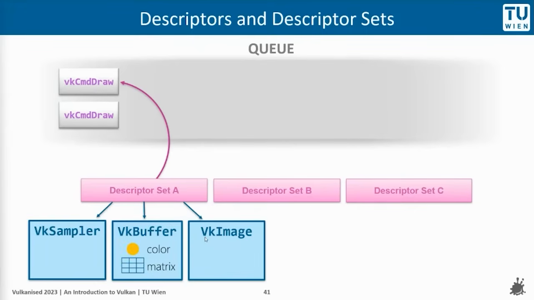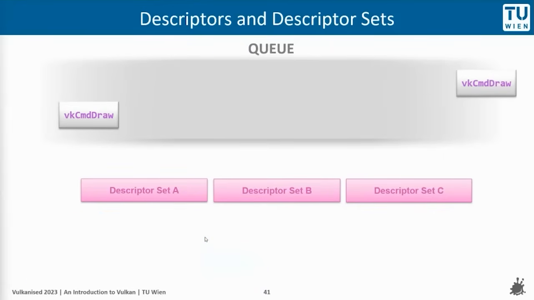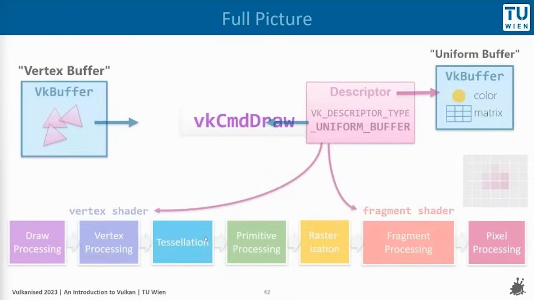In this case, let's assume this is the one we saw containing the sampler, the buffer, and the image. It provides those descriptors all to the draw call and starts executing it. And also for the second draw call, it remembers which descriptor sets have been bound before recording the second draw call, provides those to the second draw call, and the second draw call is executed on the device with the right resources bound. So this is the bird's eye view of the process.